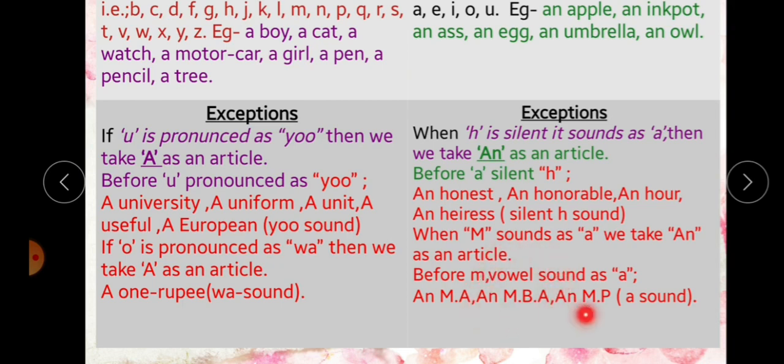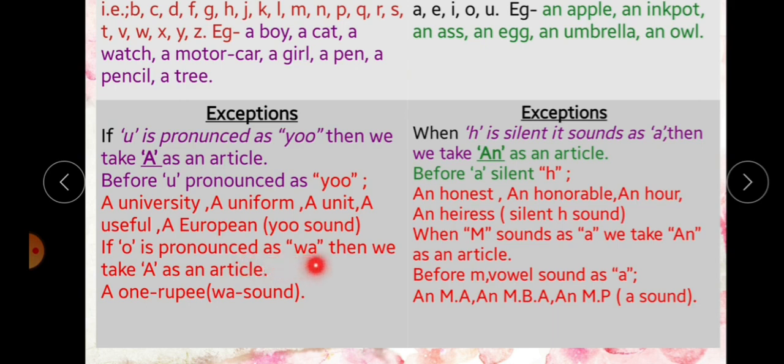In the same way, an MP. While I am speaking MP, the sound of a vowel comes first, so I am going to put an before MP. So words beginning with consonant sounds use a, and words beginning with vowel sounds use an, except for these exceptions, which are: if U is pronounced as yoo, then we take a as an article.